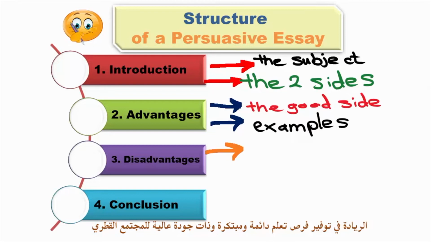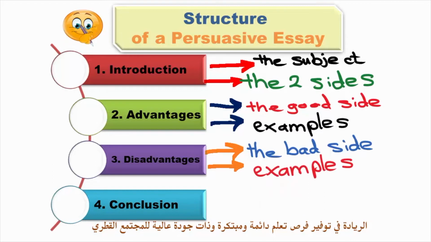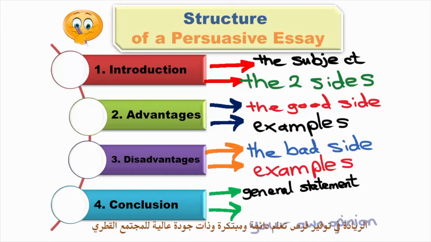In the third paragraph, we talk about the bad side or the disadvantages, and again we give examples. And finally, we reach the conclusion, where we give a general statement and give our own opinion.